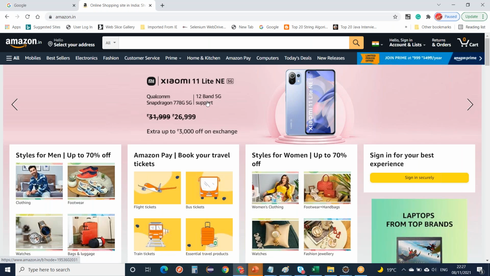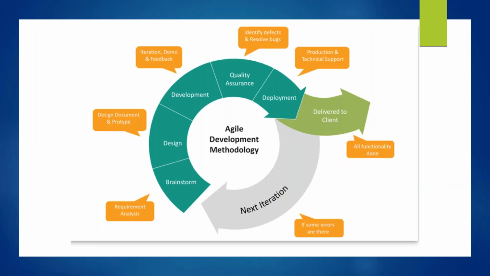If Amazon is happy with the service that XYZ company is providing, your company will get business, right? They will give another assignment to your company only. So client satisfaction will improve in agile, and based on that, agile is very famous. In each iteration you are delivering something to the client, and the client is happy with that.